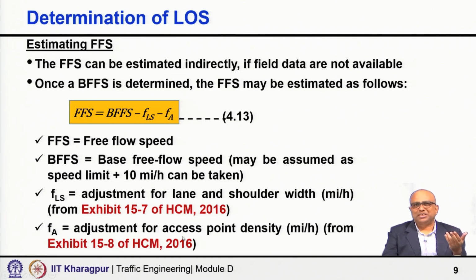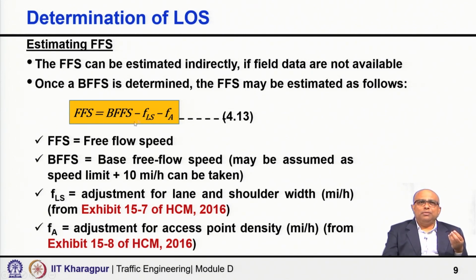How many access points are there on average per mile, and the necessary adjustment in miles per hour, by which BFFS is to be reduced to account for the prevailing condition, and how much the speed is to be reduced, you can take from exhibit 15.8 of HCM 2016.